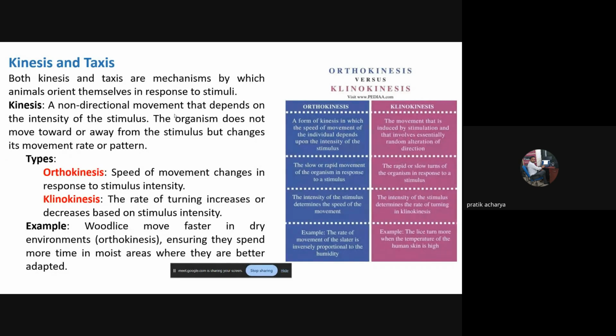Which kind of light are we using? We are using UV light, or any other kind of light, or different temperature grades. Depending upon the temperature grade, that means the intensity of temperature, organismal movement is changing. If more intensity, faster movement; less intensity, slower movement. But movement is in any direction. Movement is not in a particular direction. So this is the kind which we can call orthokinesis.